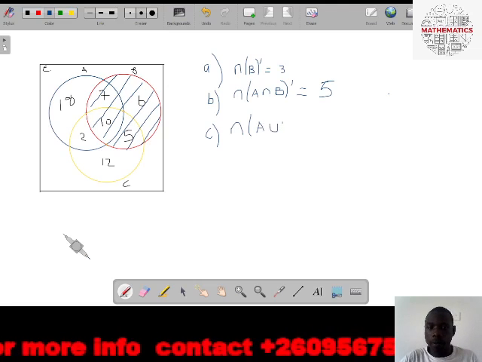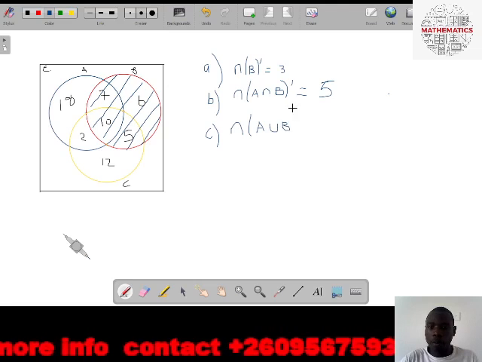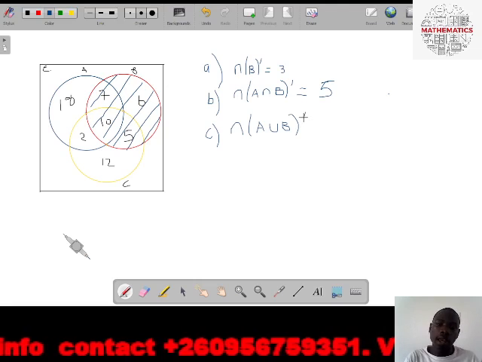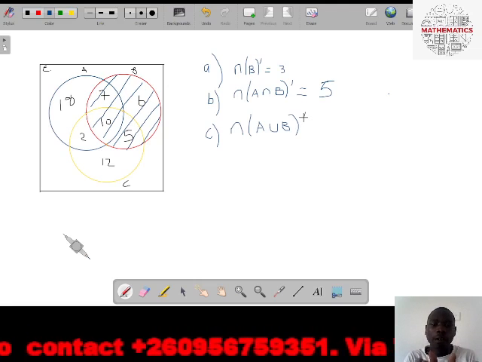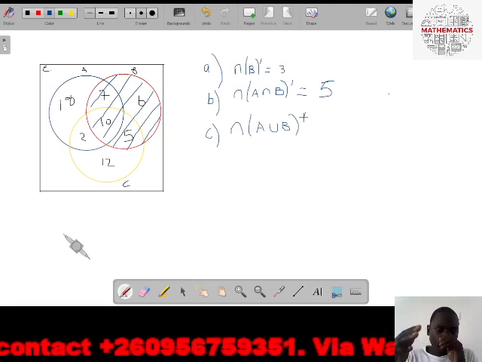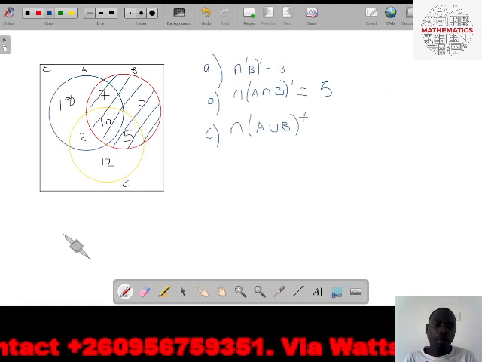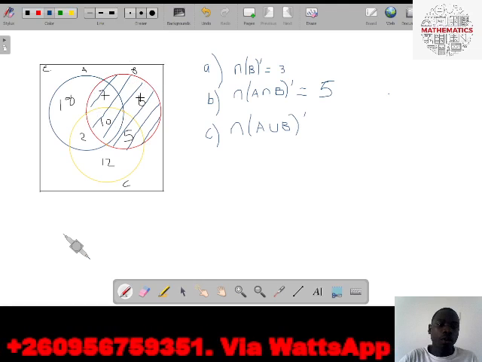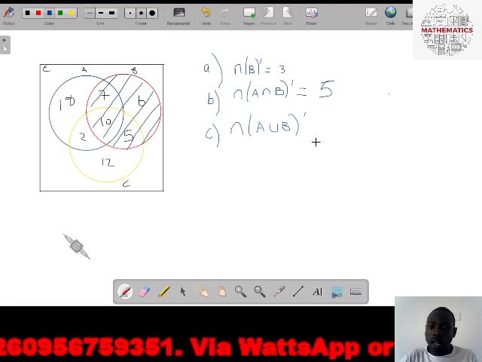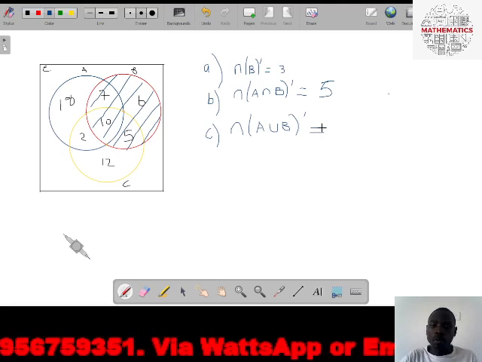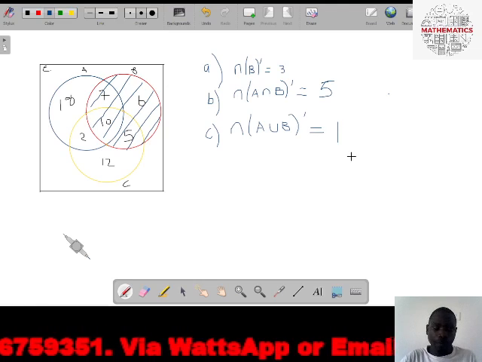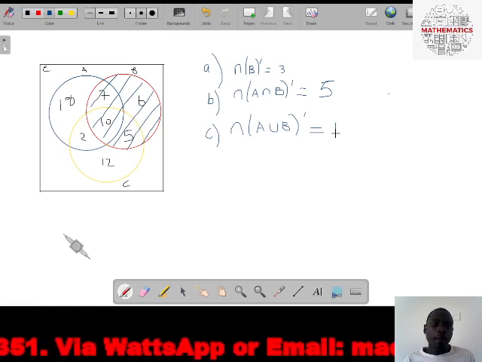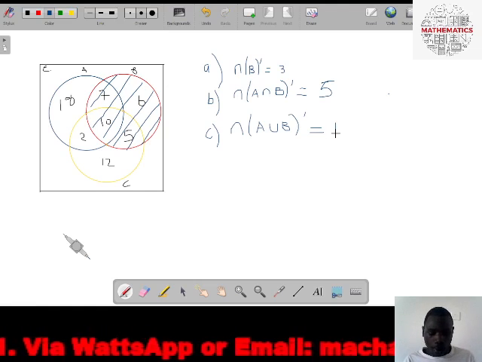A union B means everything in set A and in set B. Now they have been complemented, meaning you have removed A union B. So if you remove set A as well as set B, what are you going to remain with? Just 12 there. So number of A union B complement will be just 1. That is the number of A union B complement.